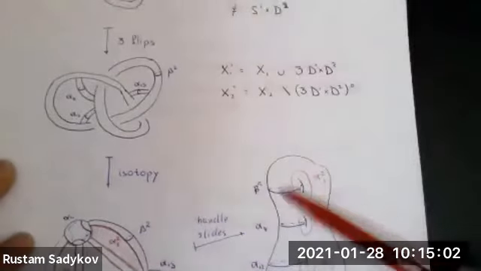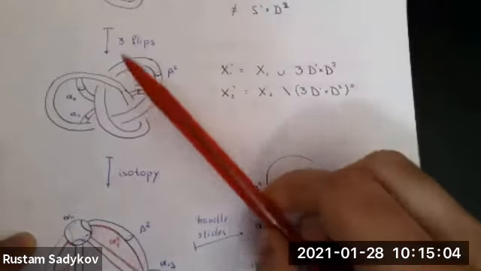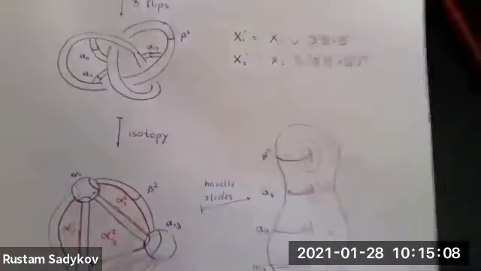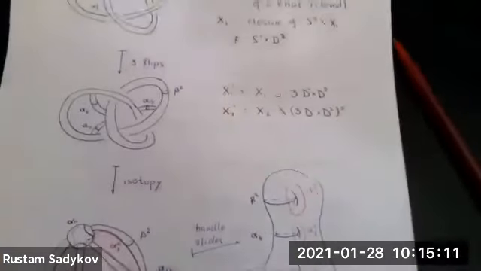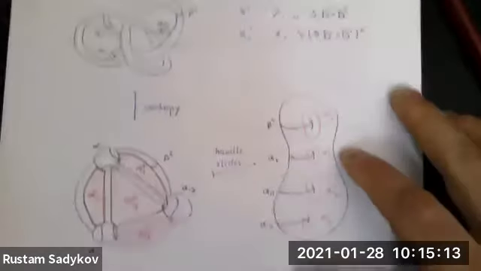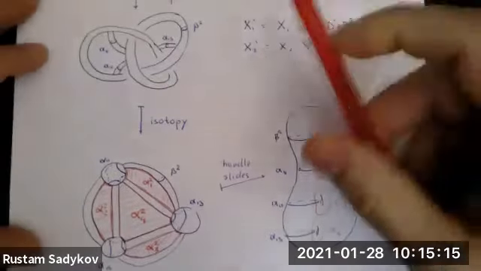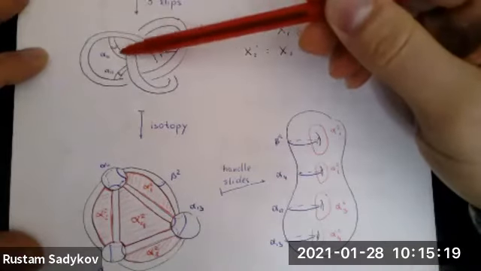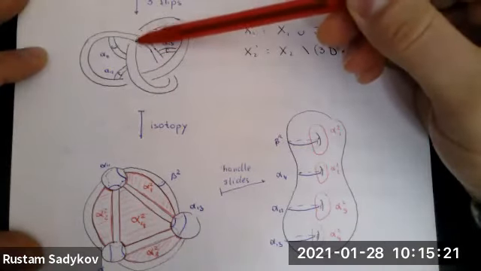So now I want to draw this picture a little bit better. You can imagine that you're taking this tube, and you're pushing it over here, between these two strands.